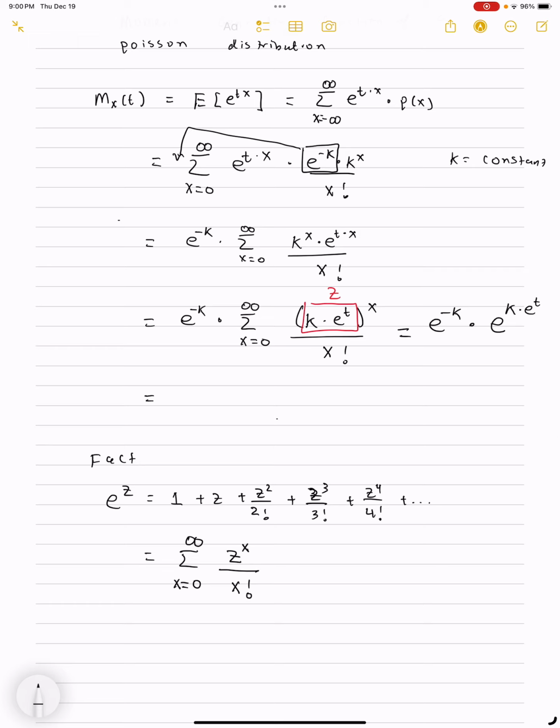Now, since they both have base e, this is going to be e to the k times e to the t, and then we can add the exponents. In this case, it's going to be minus k. You can write this as e to the k times e to the t minus 1. Okay, and so this is the moment generating function of a Poisson distribution.